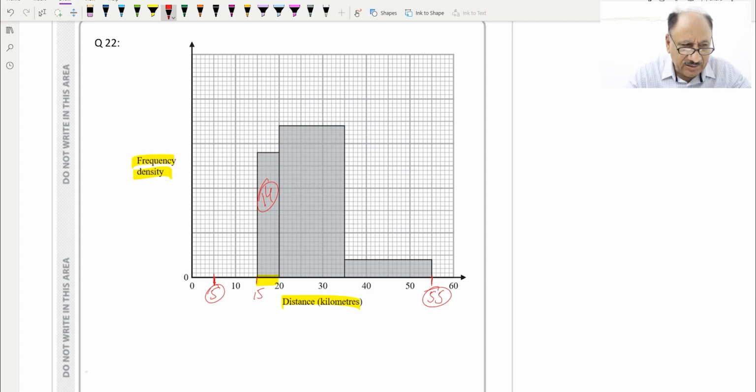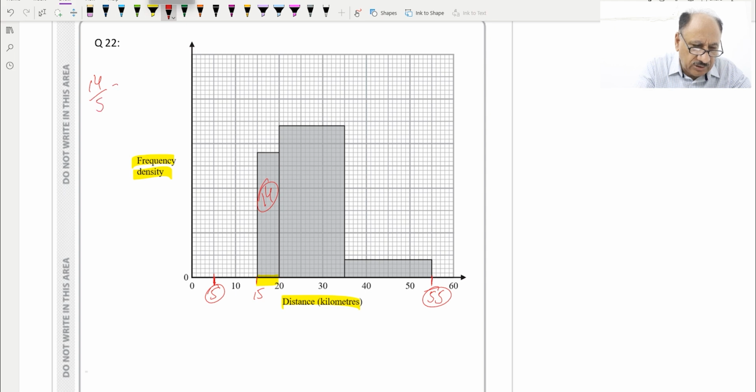So we can calculate height, because this side height is not provided, so we will have to calculate this side. So how can we calculate? We will be taking this as 14 divided by frequency divided by class width, which is 20 minus 15.